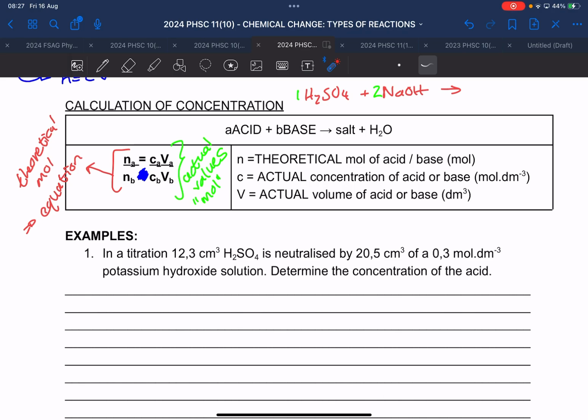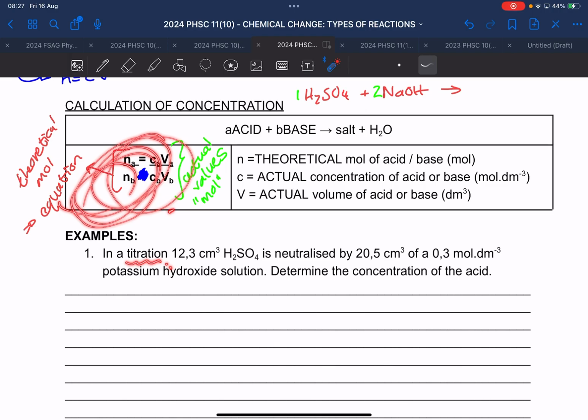Now the next thing that must be stuck in your head until you die: if you read titration, you must immediately think of this formula. So if you read somewhere, in a titration, blah, blah, blah, immediately you think, okay, I'm going to use this formula somewhere, somehow.